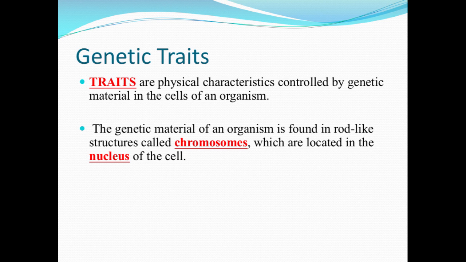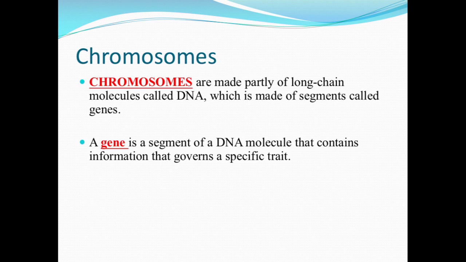Genetic material of the organism is found in those rod-like structures that we said are chromosomes, which are located in the nucleus. Chromosomes are made partly of long chains of molecules of DNA, which are then broken into sections called genes. A gene is that segment of DNA that controls the information that governs a specific trait.